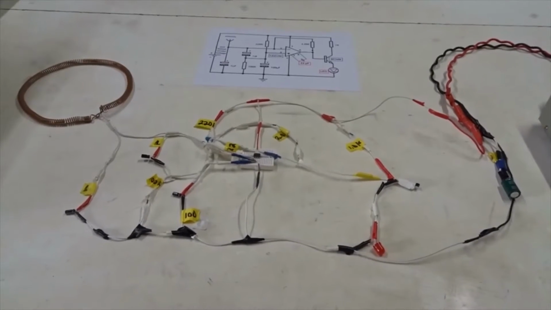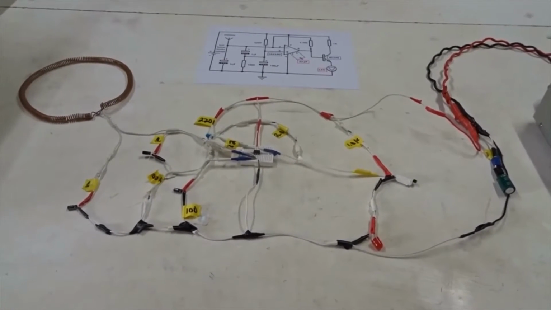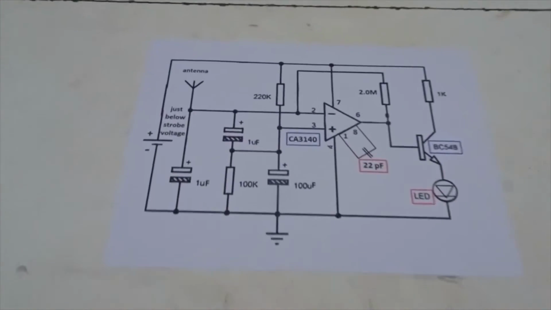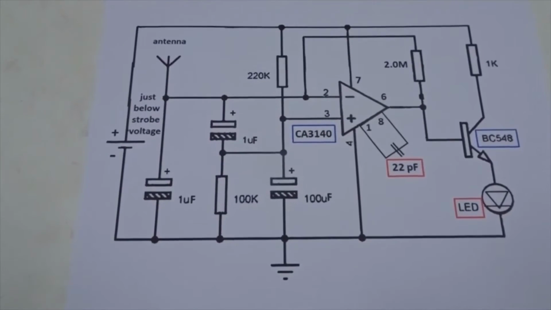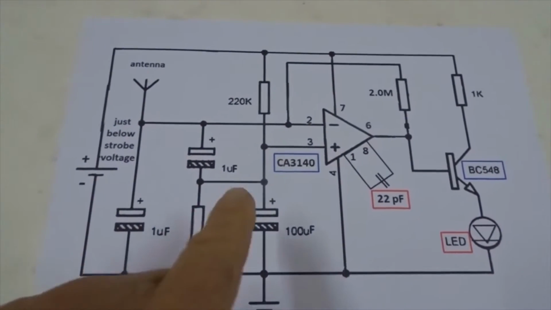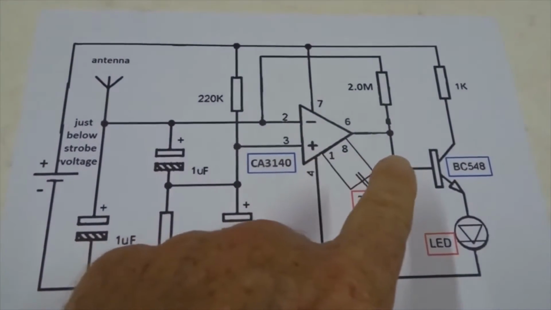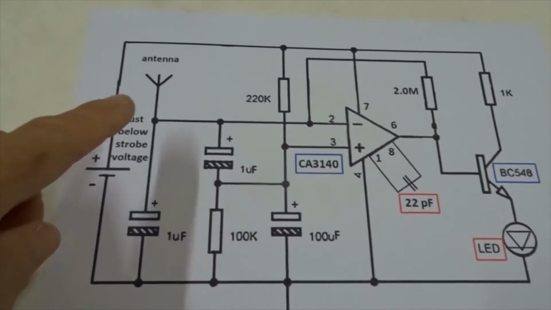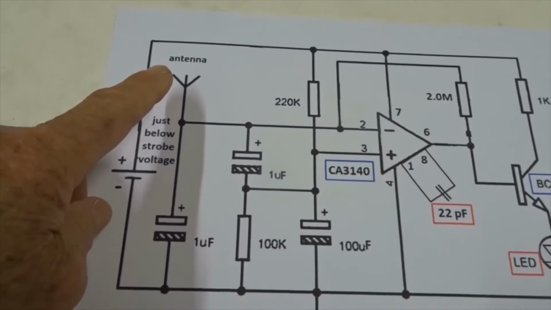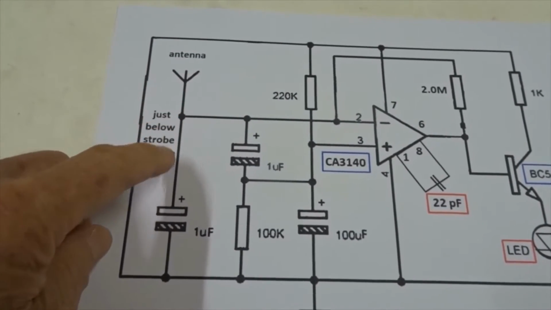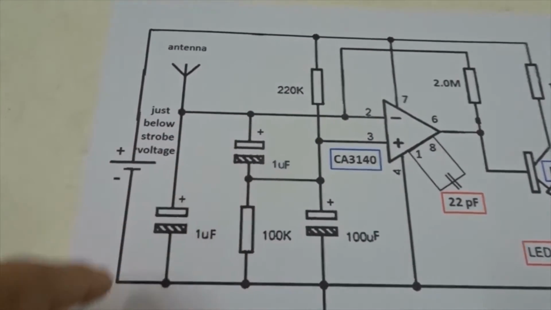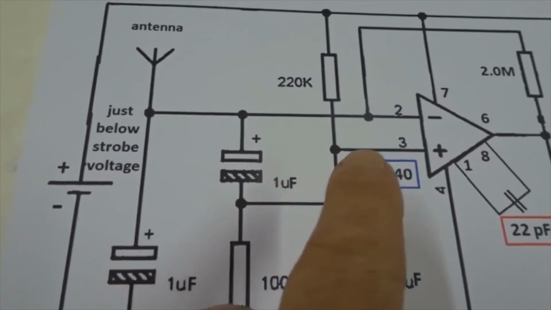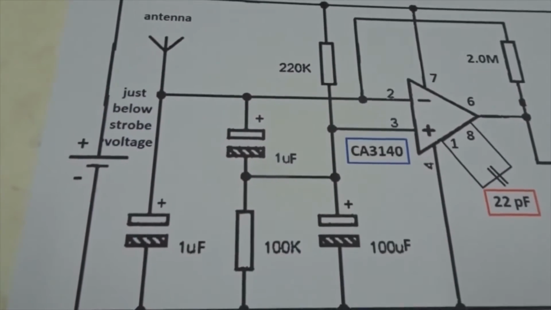Most people use operational amplifiers to detect mobile phone energies. Here's one such circuit, which is quite typical and useful. We have an operational amplifier here that feeds into the base of a transistor and then a red LED to ground. The mobile phone energy is picked up by this antenna, and it will change the voltage very slightly across these two electrolytic capacitors to go to input 2 of the operational amplifier.